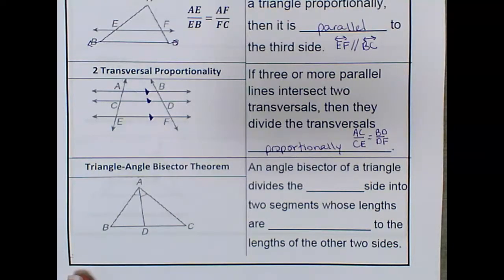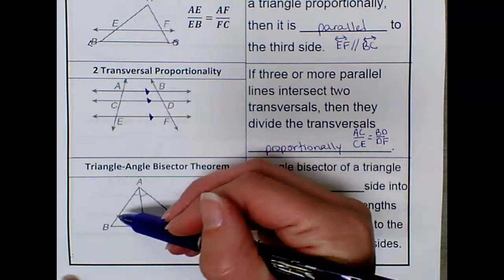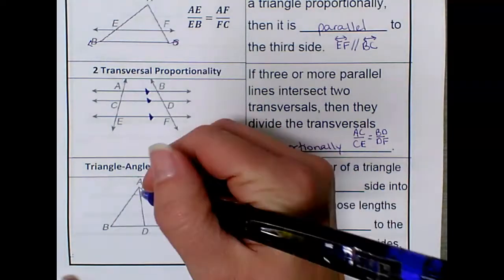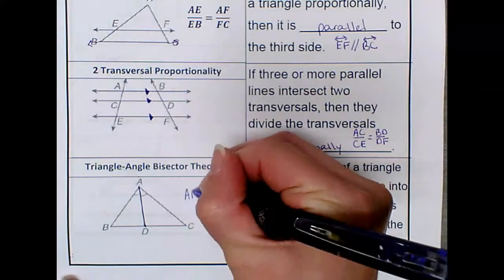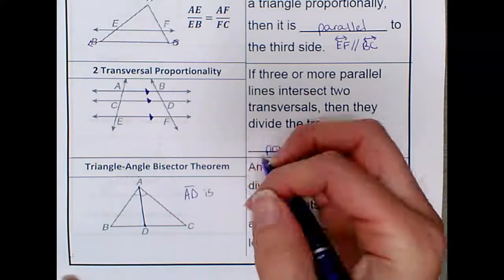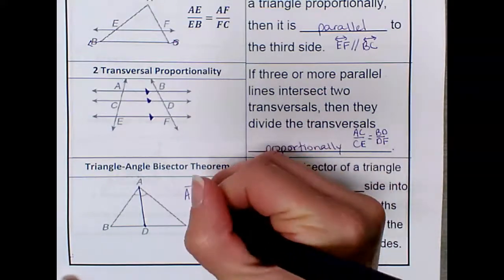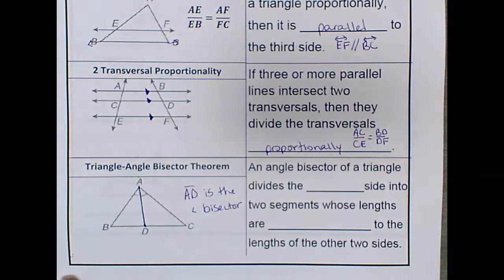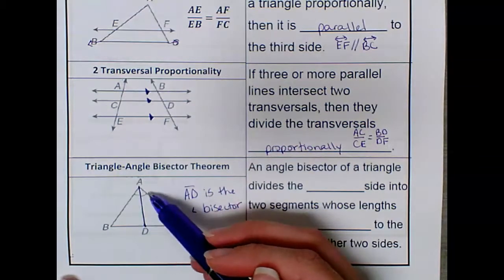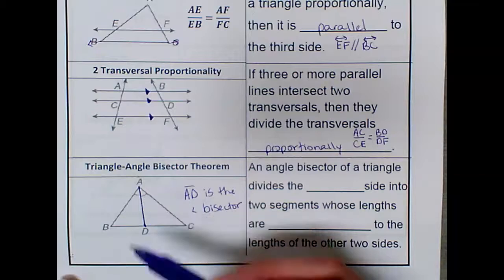And then finally, we have the triangle angle bisector theorem. And that theorem states that an angle bisector of a triangle, so the angle bisector, it's bisecting angle BAC, so segment AD is the angle bisector. Because segment AD has cut this large angle BAC into two congruent smaller angles.